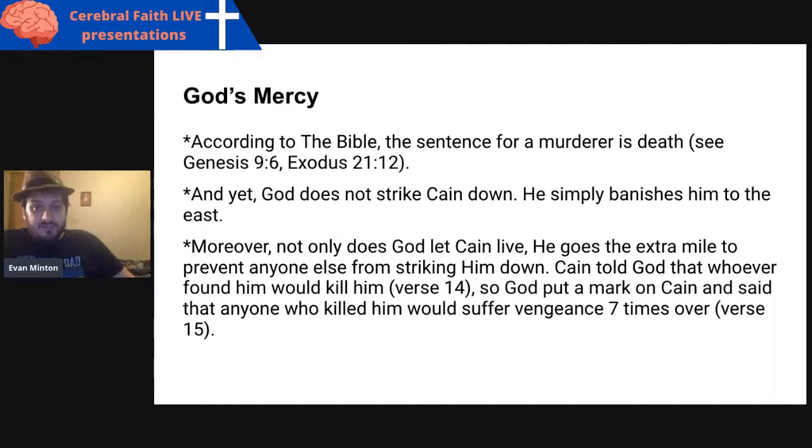But that looks like the God who showed mercy on the adulterous woman in John 8. Now I know John 8 is most likely not authentic, most likely not in the original chapter of John. But yeah, that's the story of the adulterous woman that moves us when we read it.